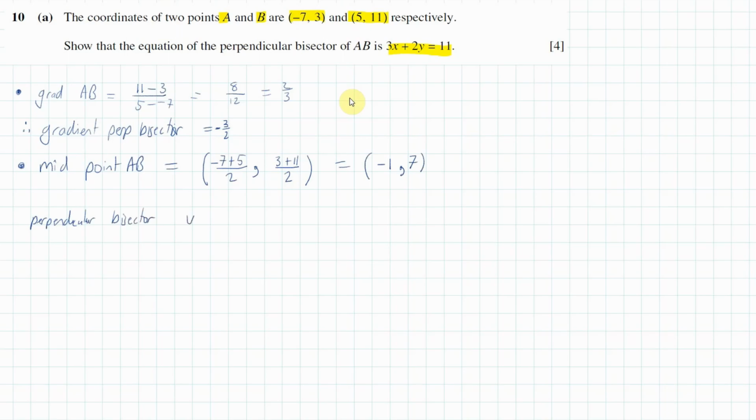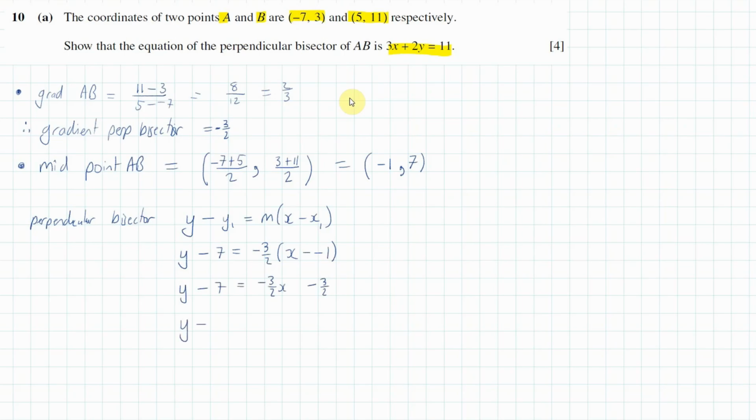I've got y minus y1 equals m into x minus x1, and I can put in some values here. y minus 7 equals my gradient, which I found is -3/2, into x minus -1. y minus 7 is equal to -3/2 x, and that would be -3/2, I think.